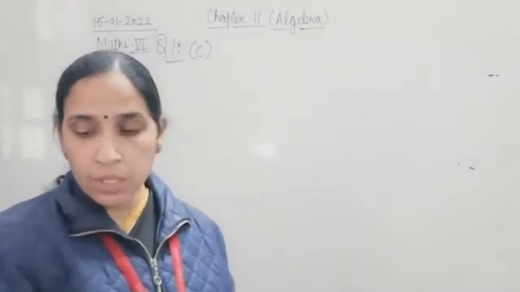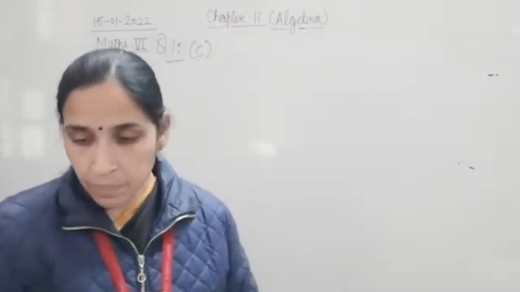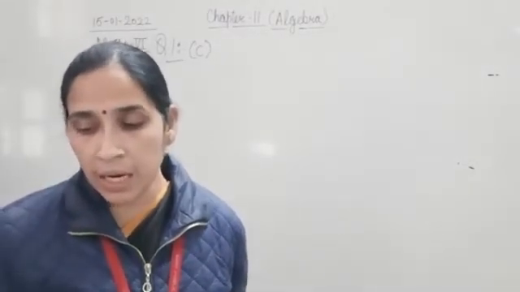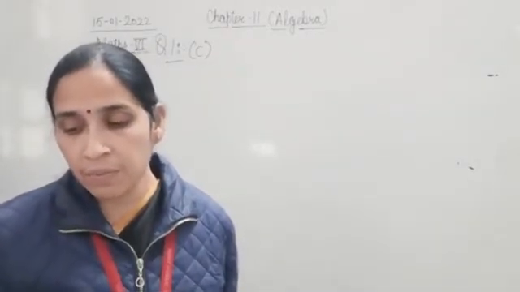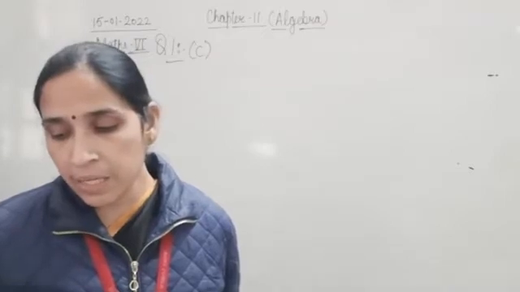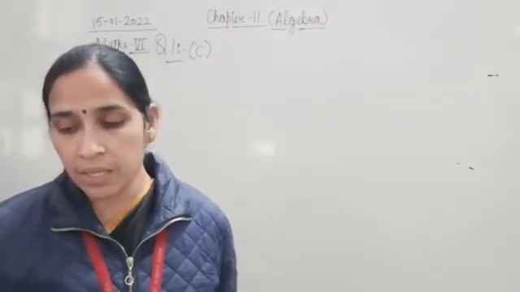Now C part, what does it say? A rectangular box has a height h centimeter. Its length is 5 times the height and breadth is 10 centimeter less than the length.